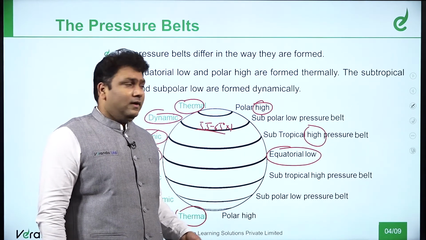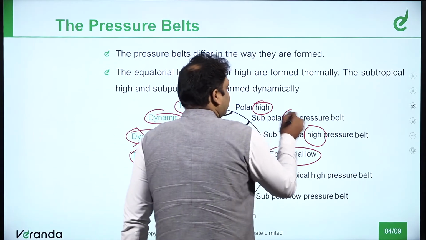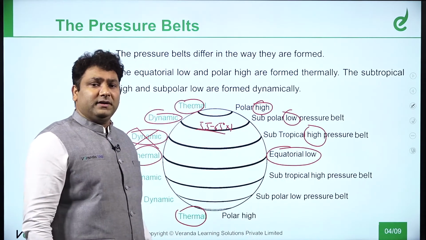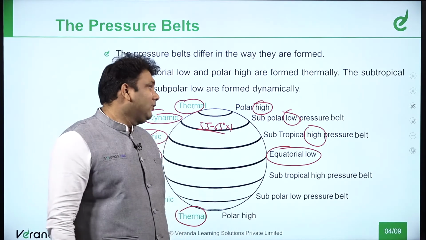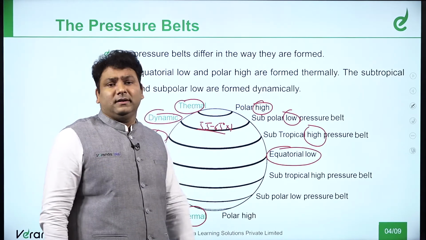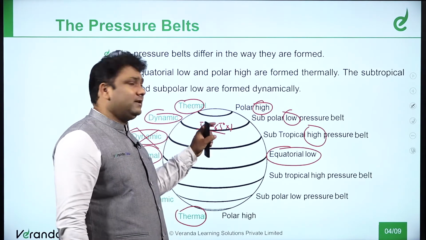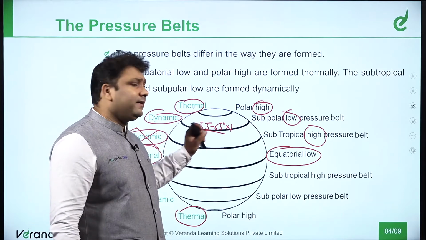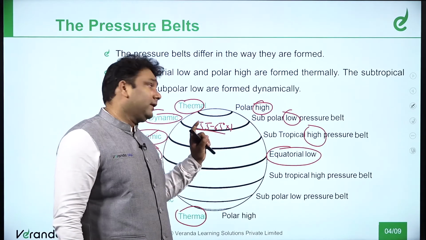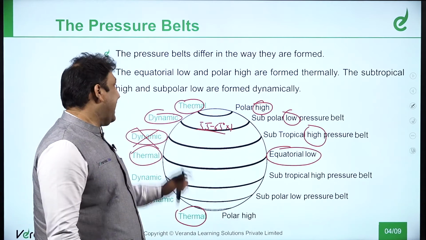No. Generally, wherever you have high temperature, you will be having low pressure. But in this region, you have this low pressure. And this low pressure is not because of thermal reasons. It is because of the frontal action. So, whatever air is coming in here, it is getting uplifted, and a low pressure is created. That's why it is dynamic in nature.